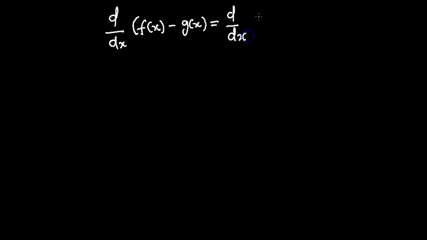The first one we have is the difference rule. In this case, the difference rule is denoted with d over dx of f of x minus g of x, which is equal to d over dx of f of x minus d over dx of g of x.